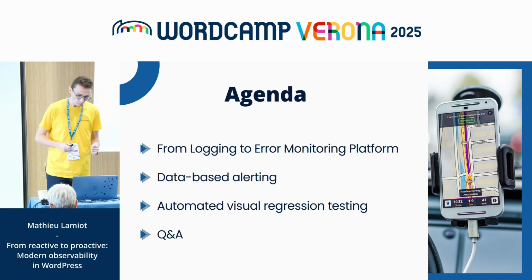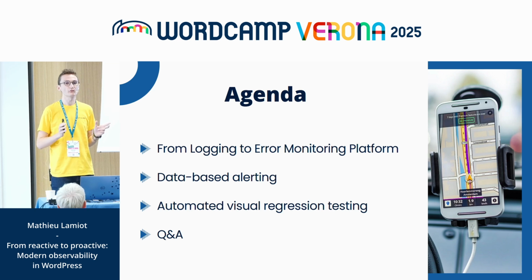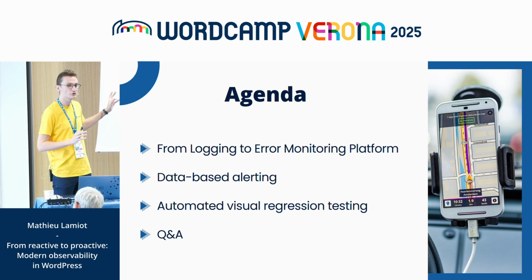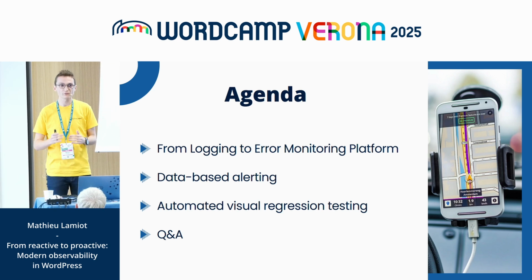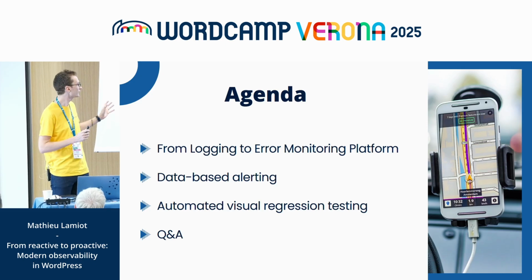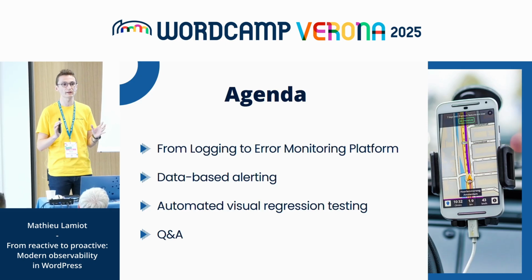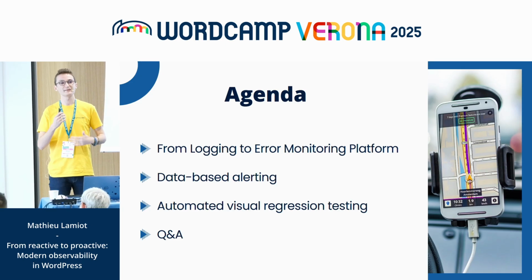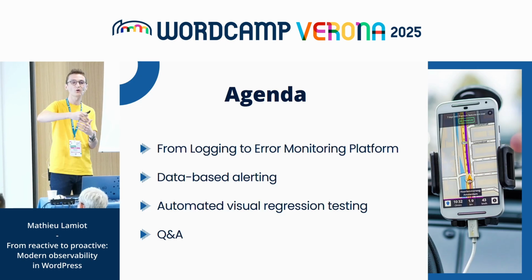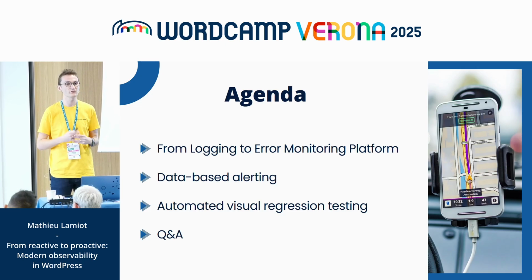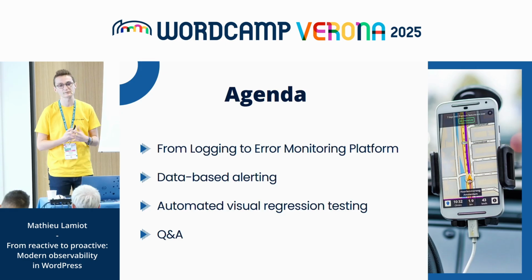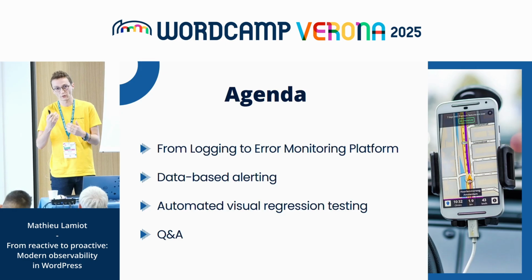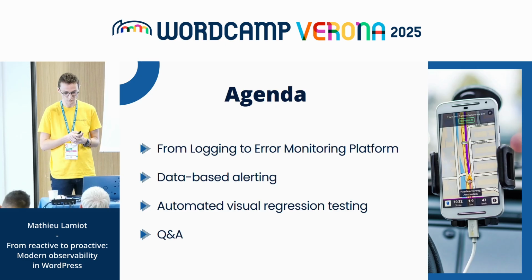So the goal here, of course, is that this is a journey, right? Those are tools and first steps. My goal is really to introduce those tools so that you can see that they're easy to start with, so you can start using them maybe next week. You will see that it gets more complex, and there you can always refine more cases and go deeper, but you can at least start to get an understanding of how it works and go as far as you need to cover your problems.